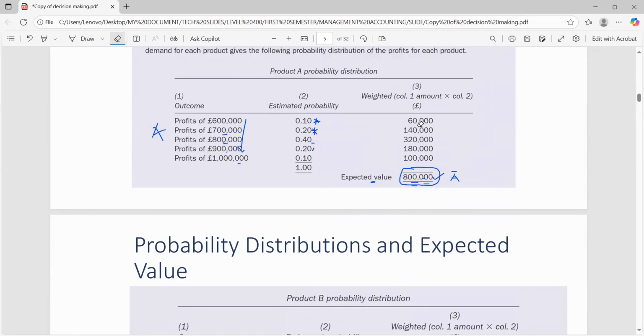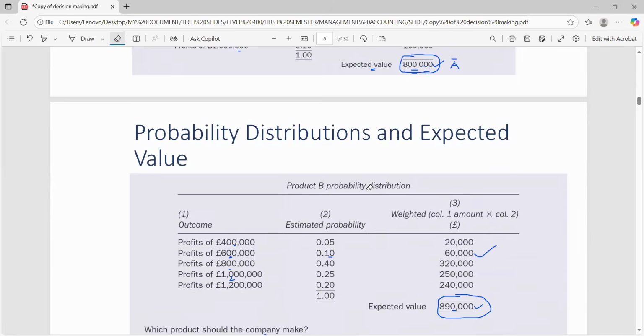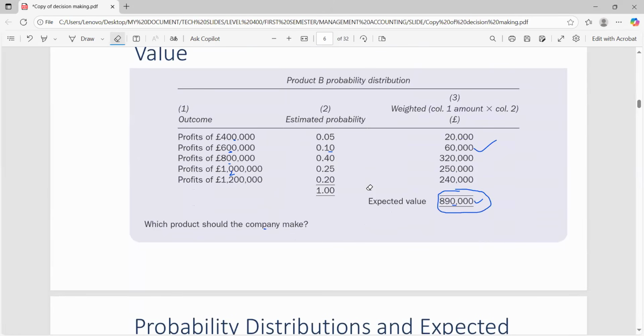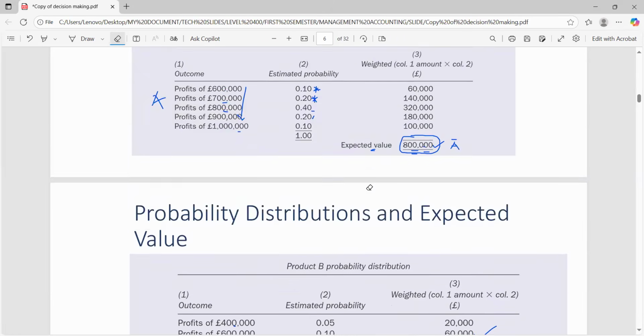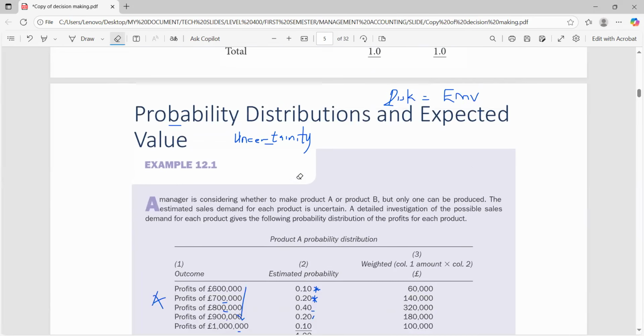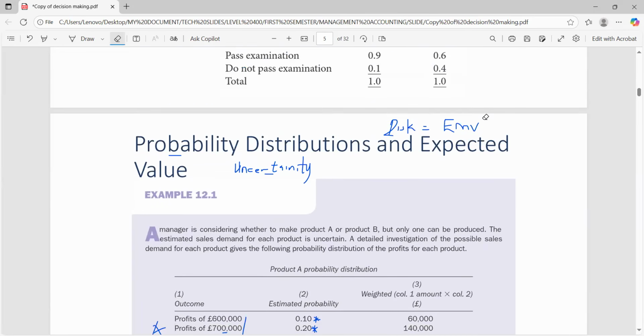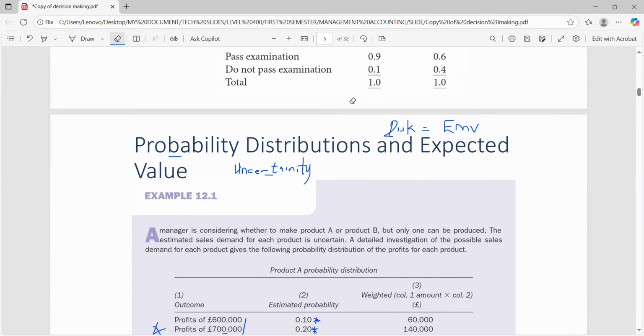These were the profits we were looking for. These are their probability. Multiplying the probability by this and putting them together is what we call the expected monetary value. So it is question dependent that you know.